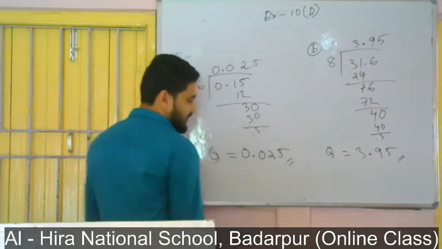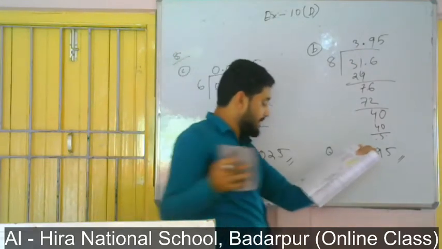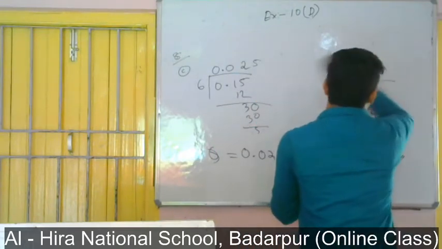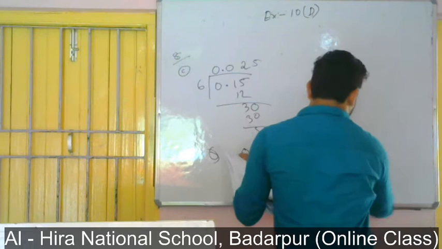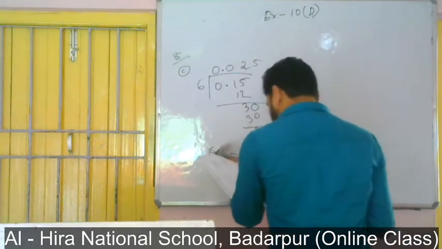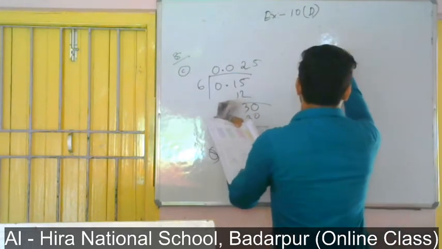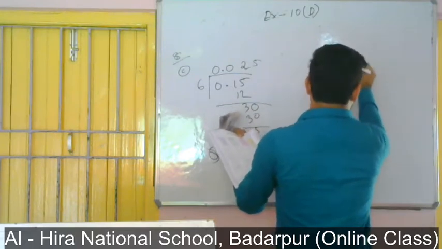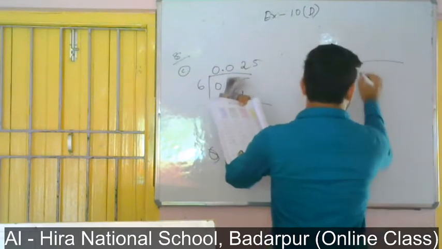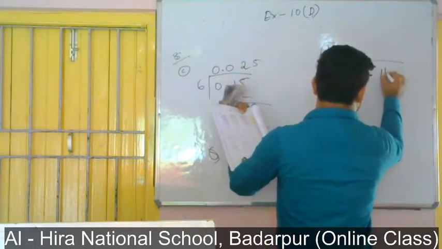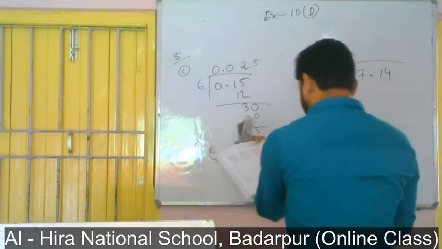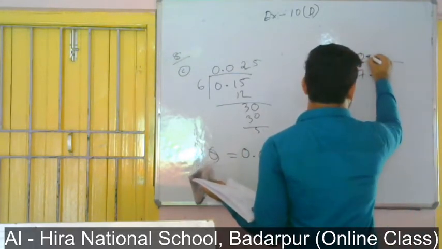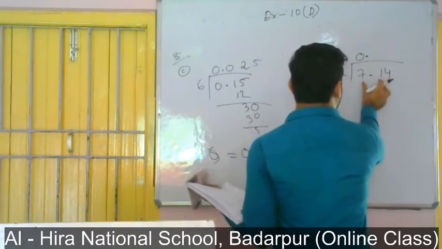Okay, 0.025. Now come to question number D. So you see question number D. 12 is the divisor and dividend 7.14. Okay, so we'll put 0 because we cannot divide 7, so we'll take now 71.